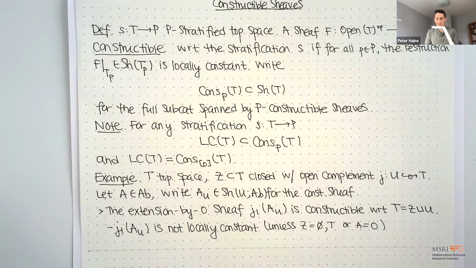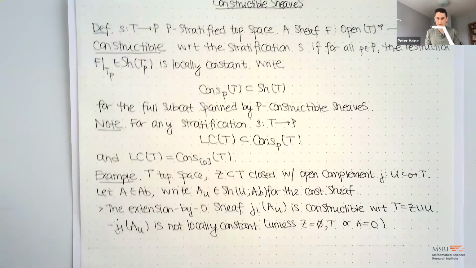So this is an example where you have a locally constant sheaf, you push it forward, and it's not locally constant, but it is constructible.